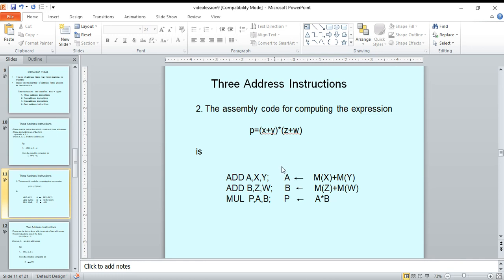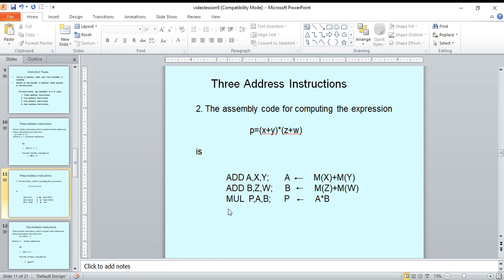Now register A holds the result of X plus Y, and B holds the result of Z plus W. Then we have to perform the multiplication operation of these two. For this, we have to write one more instruction, multiplication.